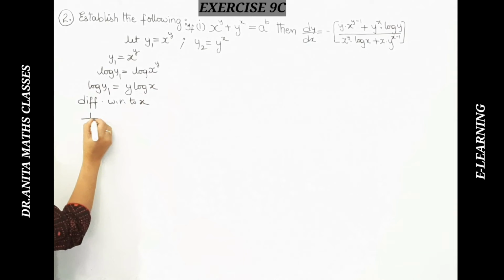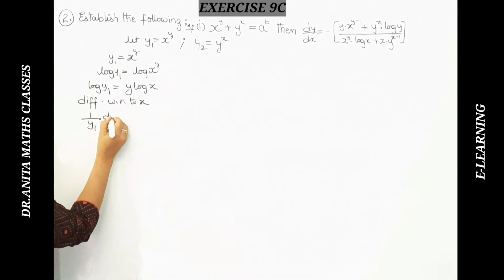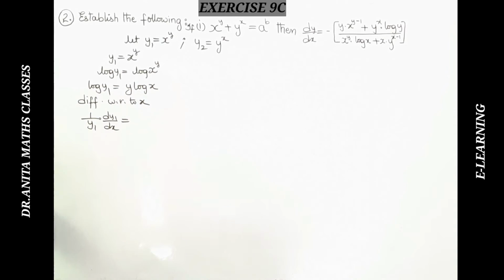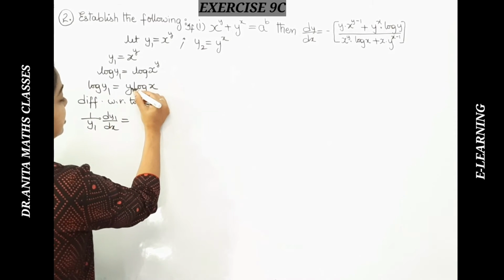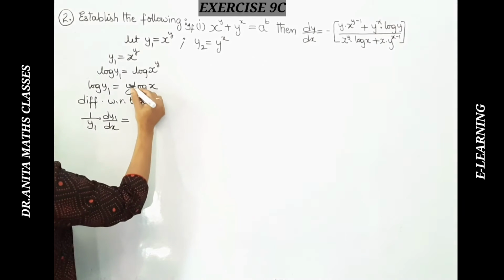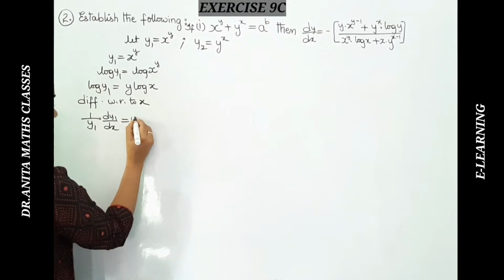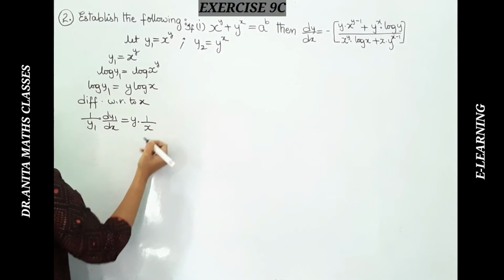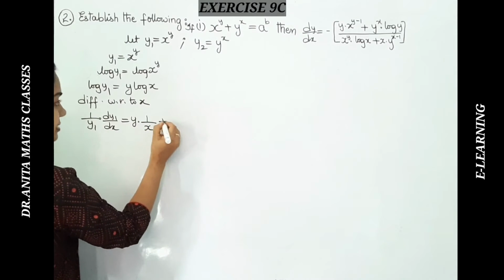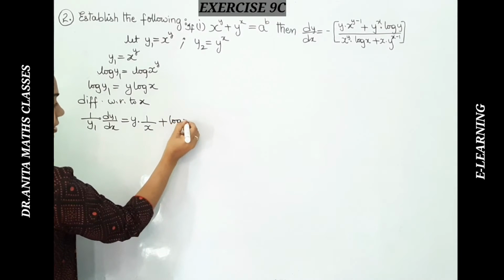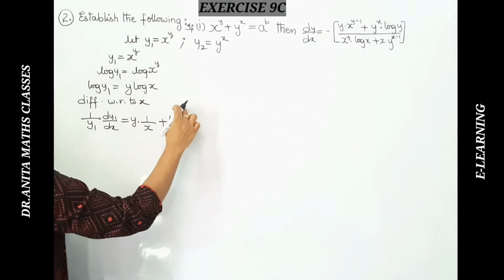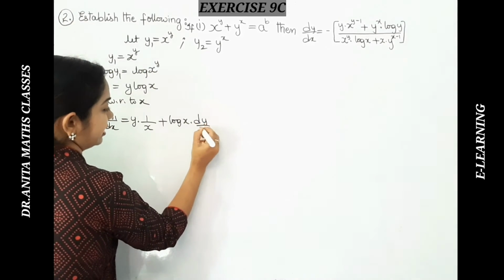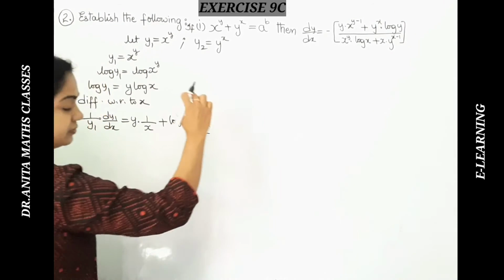So that comes to 1 by y1 dy1 by dx is equal to, again a u and v function. Here this function is y, okay, u and v. We will write the y function as it is and differentiate log x, that is 1 by x, plus log of x, with the v function as it is, and the differentiation of y, that is dy by dx. Here we got dy by dx.